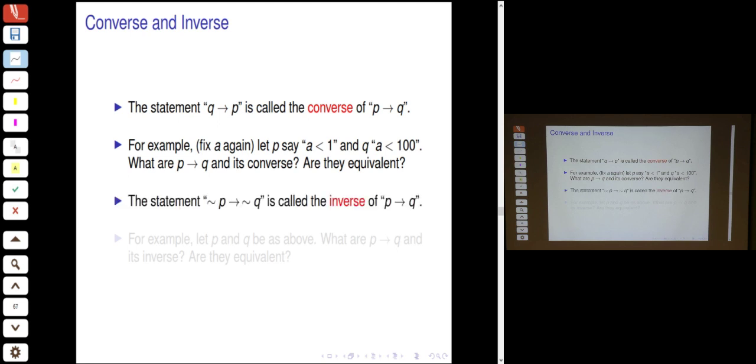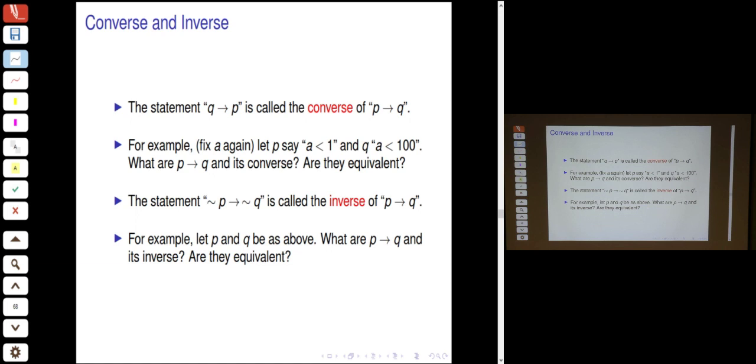Okay. There's another related word. So the statement not P arrow not Q is called the inverse of P arrow Q. You just take the negation of both components. So for example, let's look at the example, right?